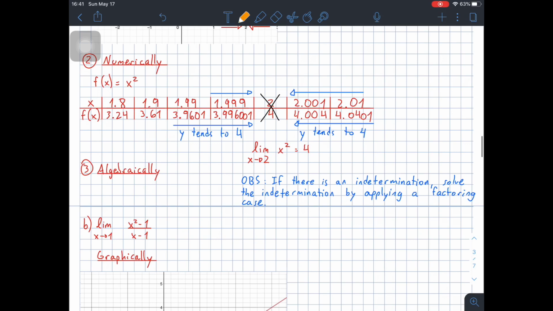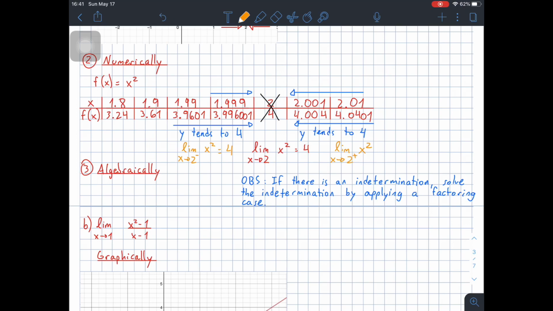You'll see that in some cases, whenever we approach from the left, this is expressed this way. The limit of x squared when x tends to 2, and you'll see a negative sign here on top. It's like to the power of negative, right? That means that we're approaching from the left, and this equals 4, right? We got this here. And if we do the same from the right, it would be the limit of x squared when x tends to 2, and we're going to write a positive here.